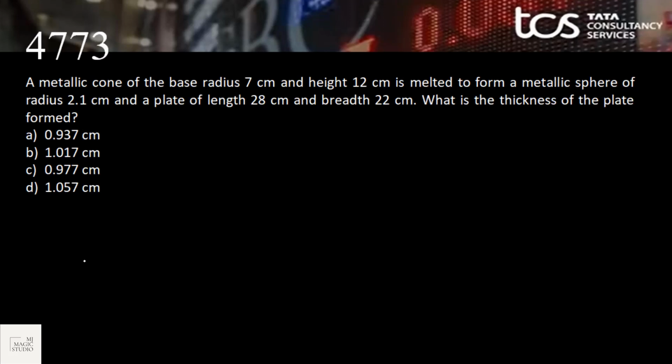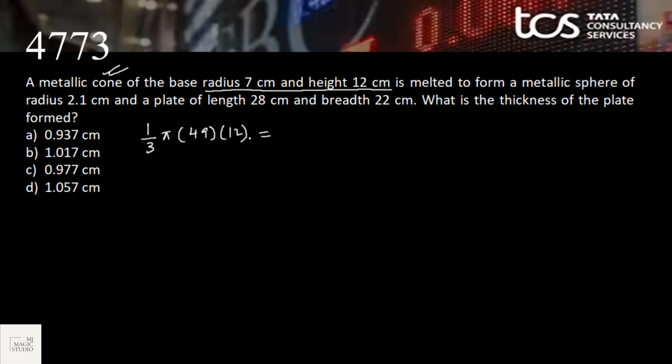Okay, what we have here, we have a cone. A metallic cone of base radius 7 centimeter and height 12 centimeter is melted. So volume of a right circular cone is 1 by 3 pi r square h. 1 by 3 pi r square 49 into h. This is the volume of the cone.